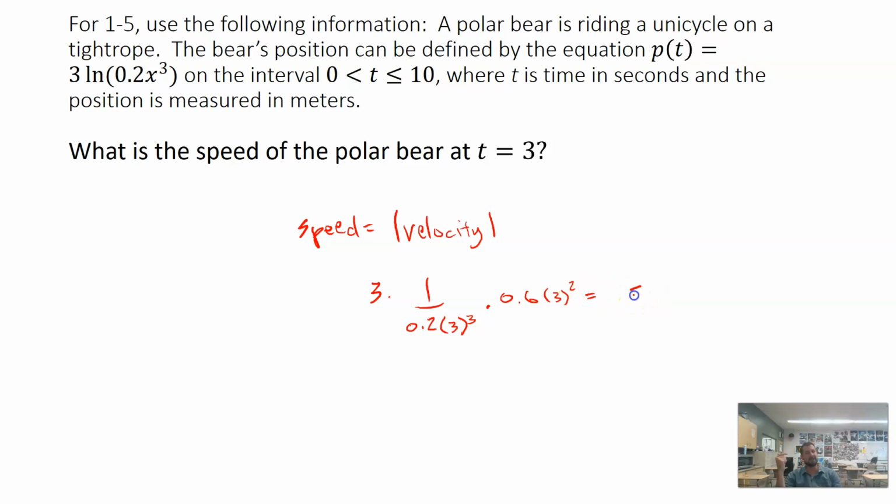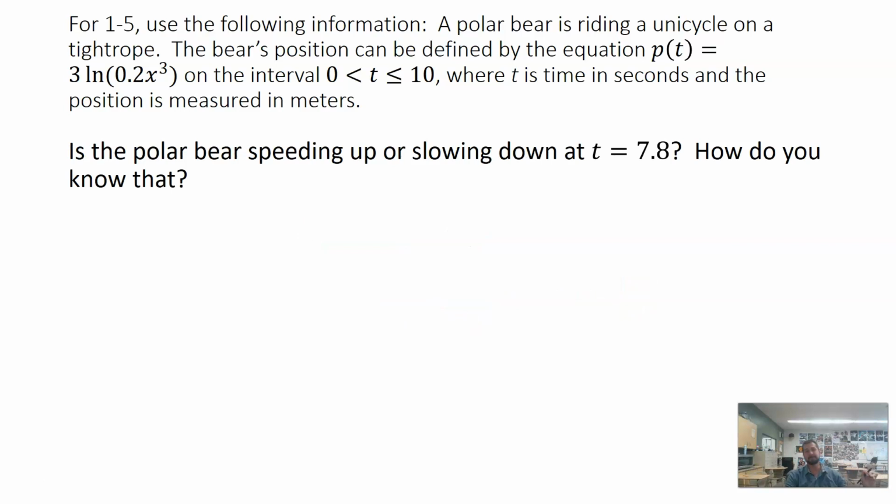And in this case you just get positive 3, and the speed is just the absolute value of that number. So if that number were negative, I could just make it positive, and that would tell me what my speed is. It's already positive, so it stays positive, because that just means it's moving in the positive direction. So my speed of the polar bear is 3. Again, units don't matter right now, but it would be meters per second.